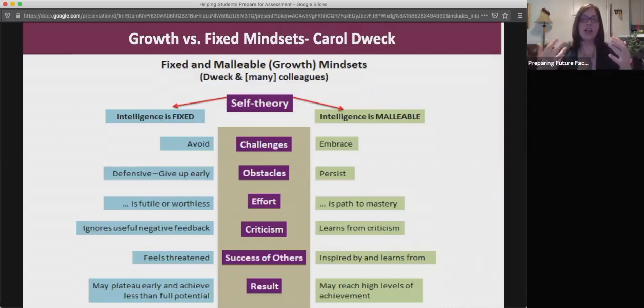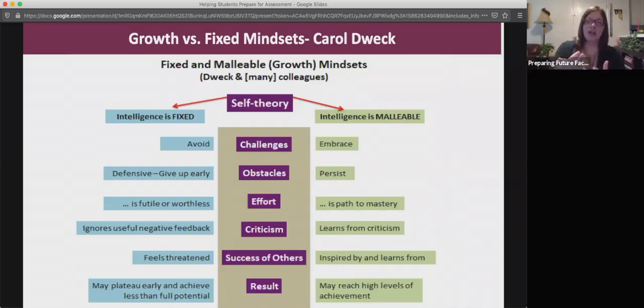So when we're talking about formative feedback within this context of the fixed and growth mindset, we are saying that when done correctly, formative feedback can give students the safety to think that intelligence is not fixed and they can grow progressively.